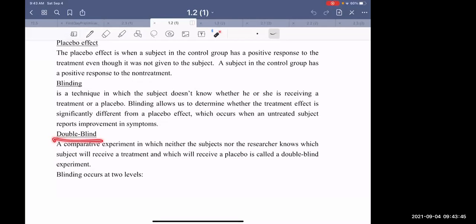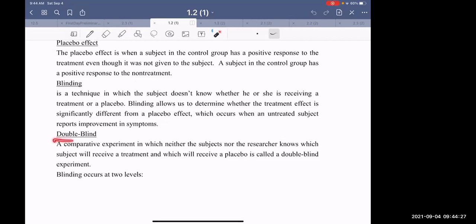In a double-blind experiment, we will not tell the subject if they're in the control group or the experimental group, and neither will we tell the researcher. So the person who is giving you the treatment doesn't know if they're giving you a treatment or a non-treatment.